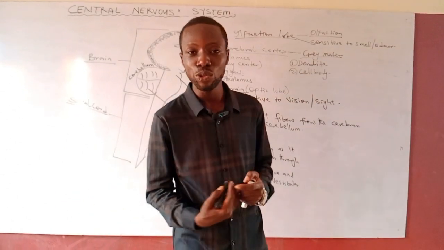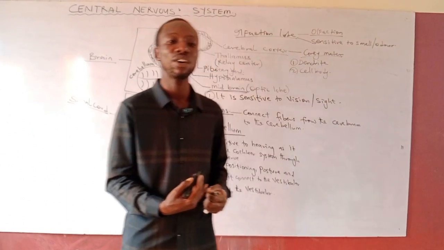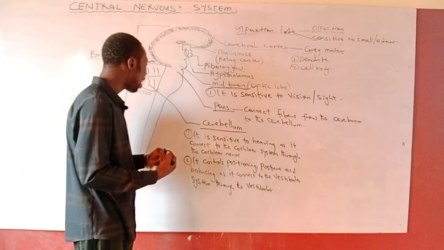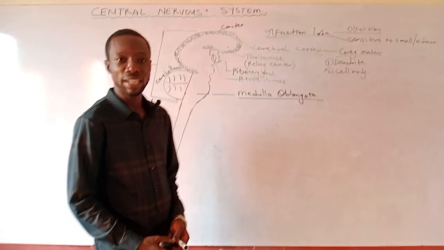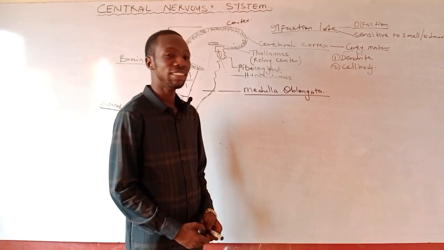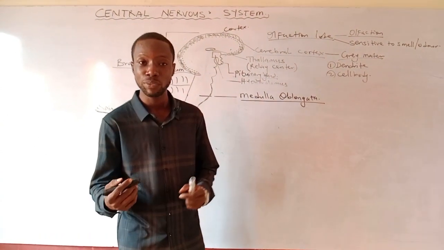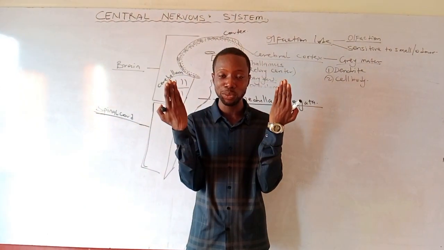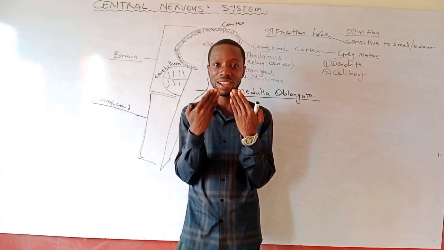Now we are going to look at the medulla oblongata, which is the last part of the brain we are going to look at. This is one of the innermost parts of the brain. As we discussed before, the outer part of the brain is the cortex, the inner part is the medulla.